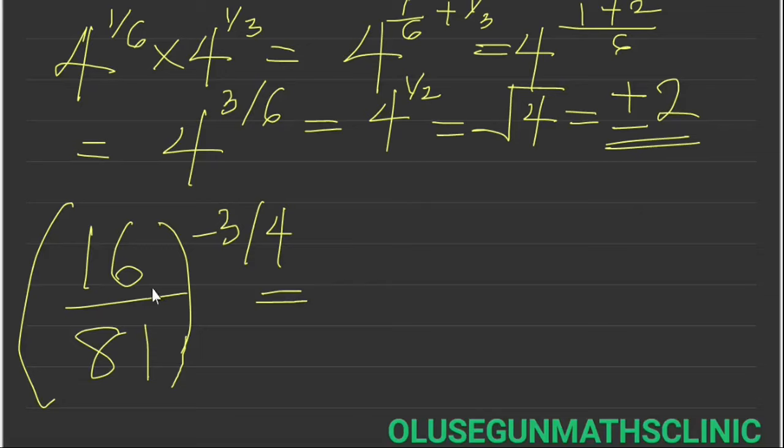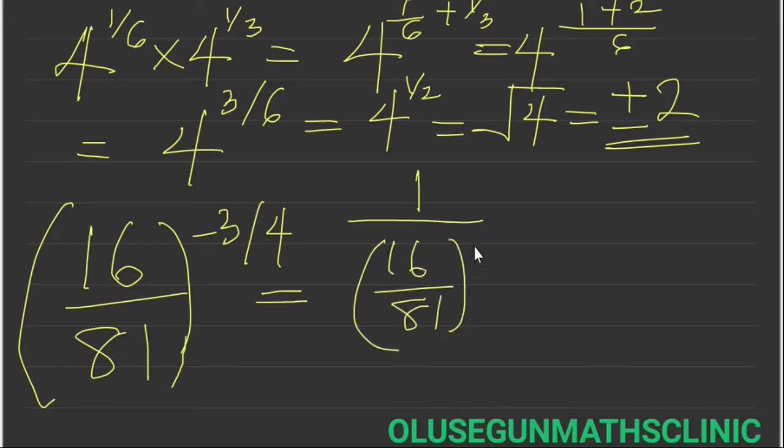The first thing you do is this. The minus will give you 1 over 16 over 81, all raised to power 3 over 4. So it has now come to positive.